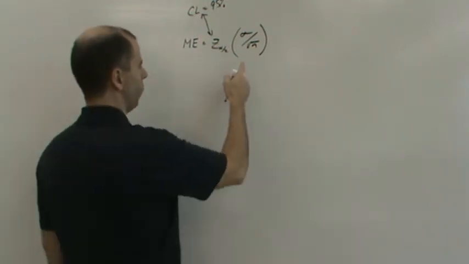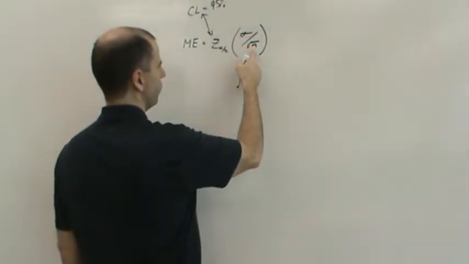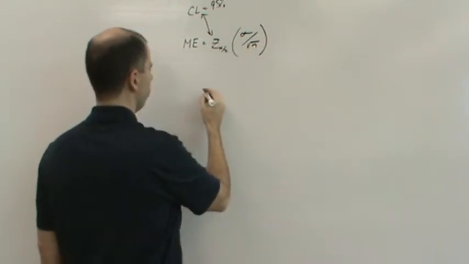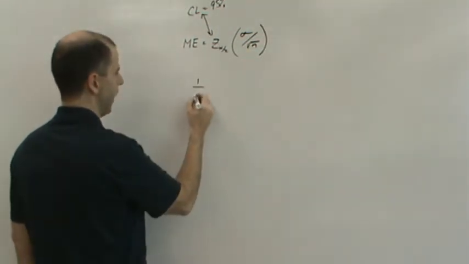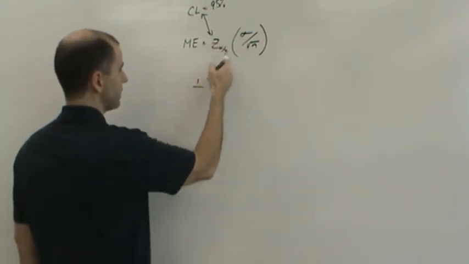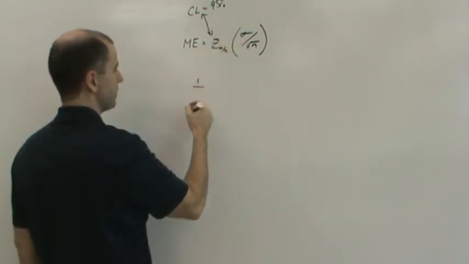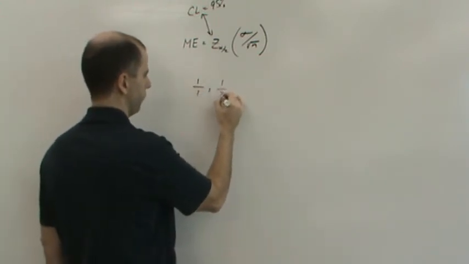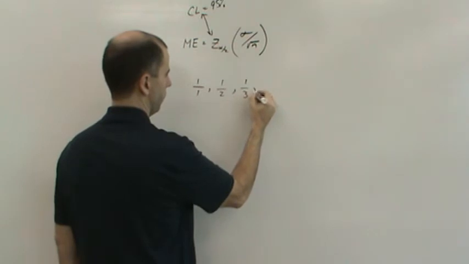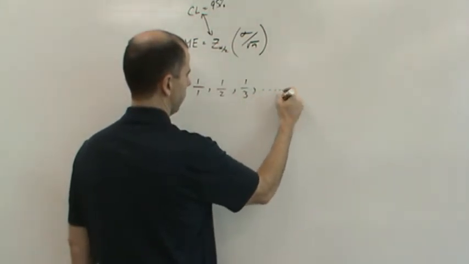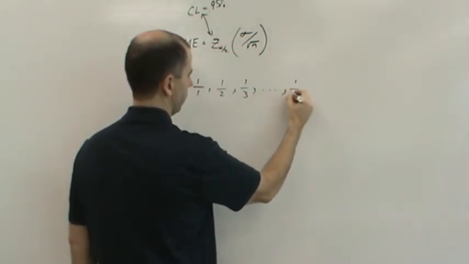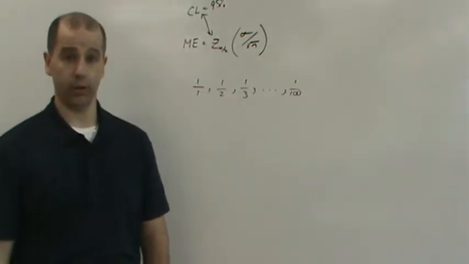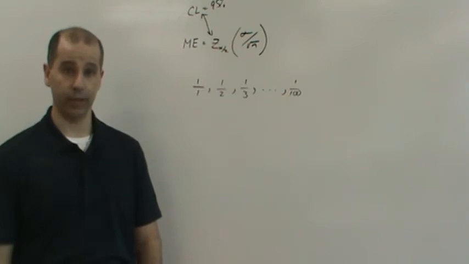So what happens if n increases and we use a bigger sample? Well, what happens to this fraction? What happens to any fraction if the numerator stays the same but the denominator gets bigger? Is that fraction getting bigger or smaller as the denominator gets bigger?